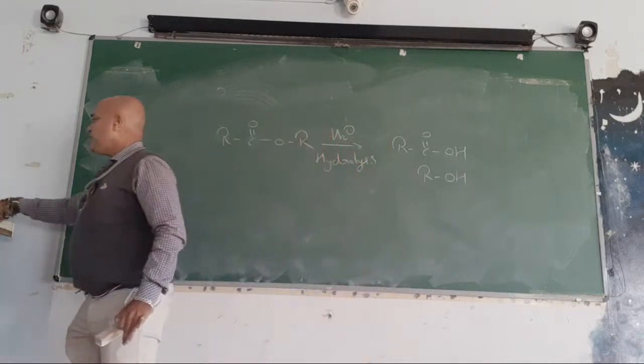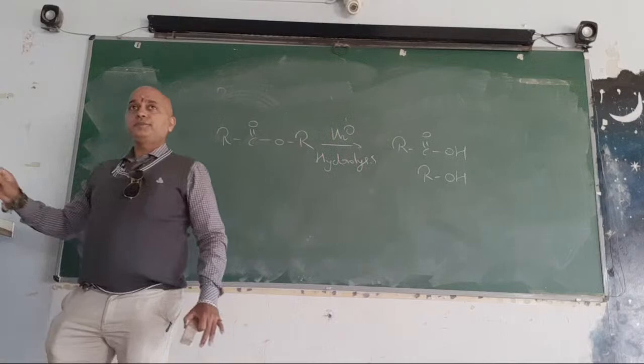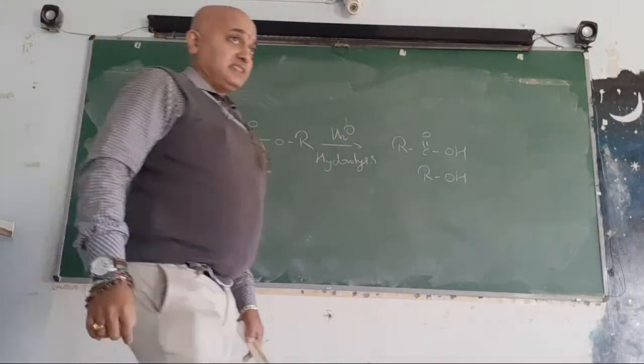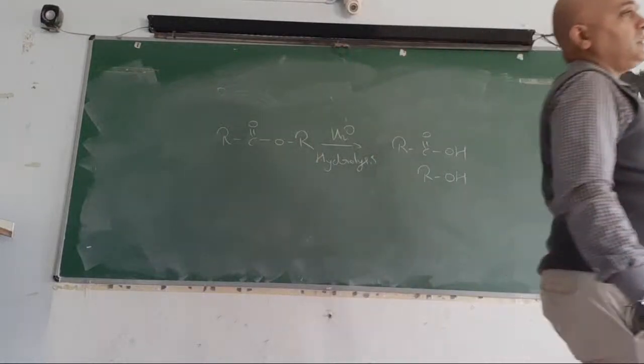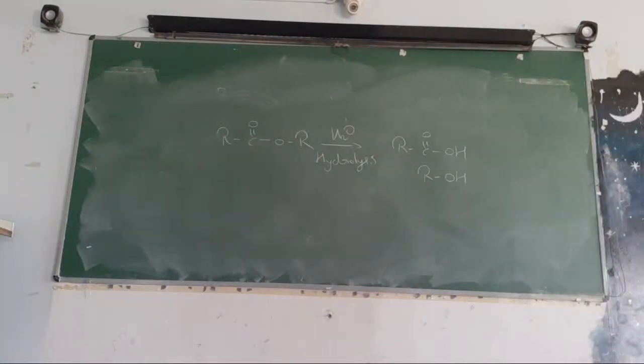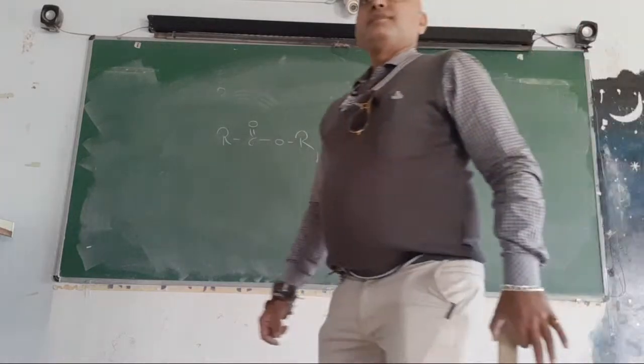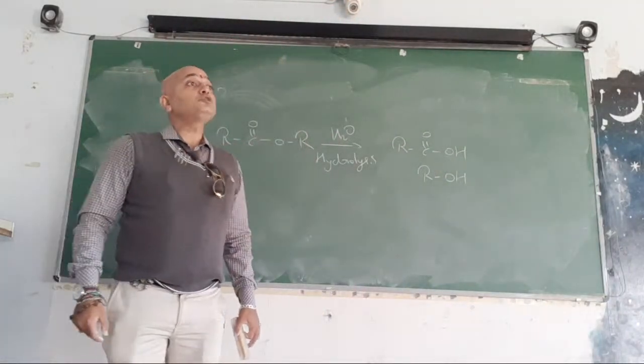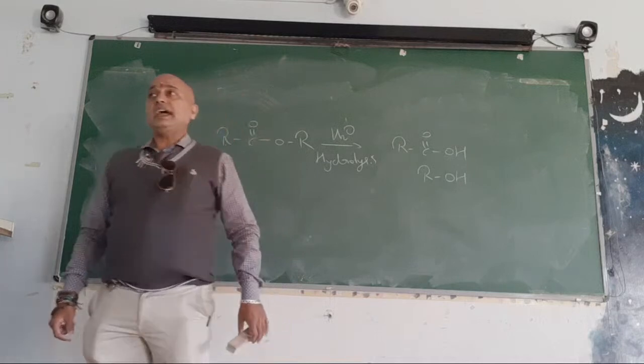However, what is happening here compared to the earlier case? What is that difference? I am talking about acetic anhydride and esters. In the case of anhydrides, we are getting 2 molecules of carboxylic acid.